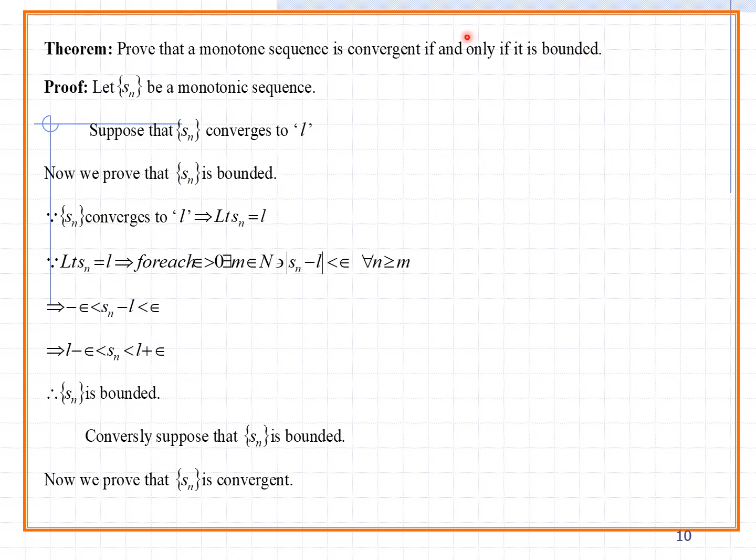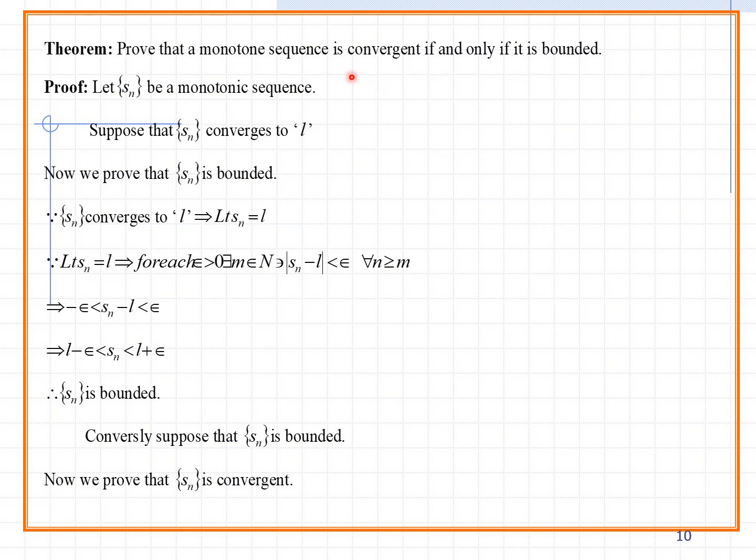Once the sequence is convergent, it is bounded. Why? Because convergent means modulus Sn minus L less than epsilon. With the modulus, there is a negative value and a positive value. So minus L less than Sn less than L. Minus L is the lower bound and L is the upper bound. In between, Sn is there. So automatically it is bounded.